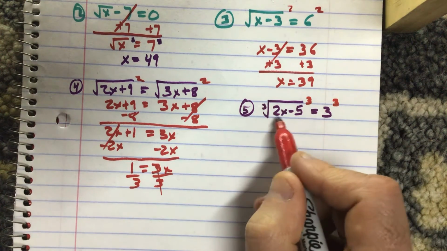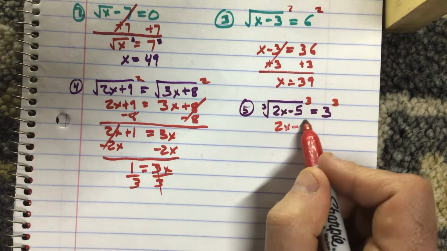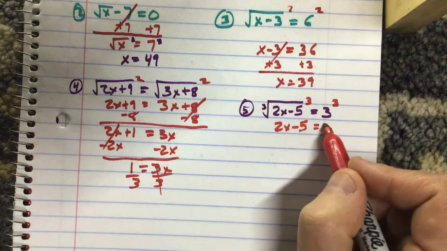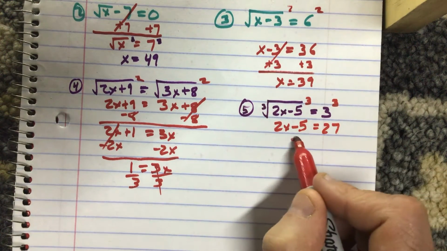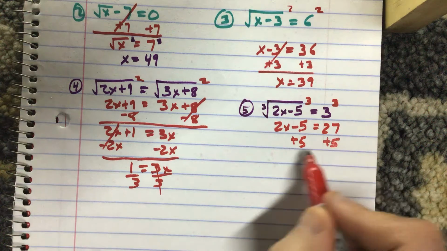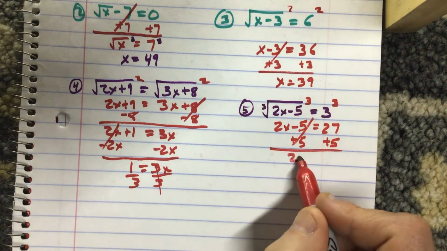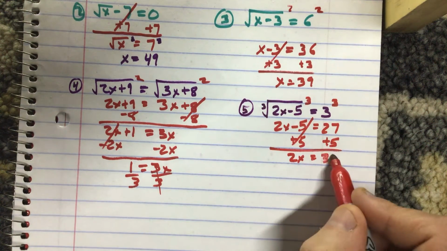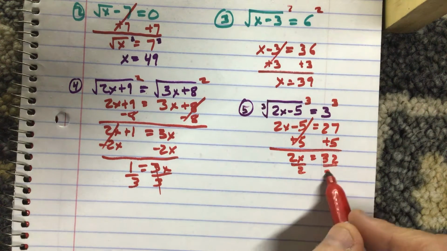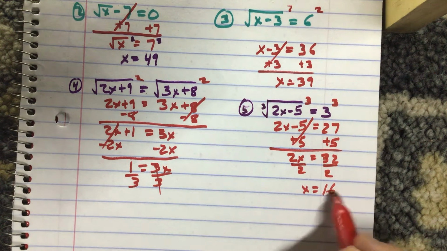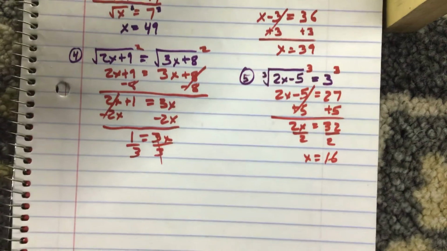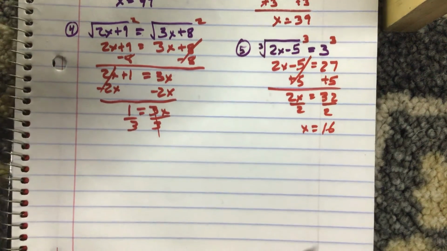You end up with just what's under the radical. 2x minus 5 equals 3 to the 3rd power, which is 27. Add 5 to both sides. 2x equals 32. Divide by 2. X equals 16.